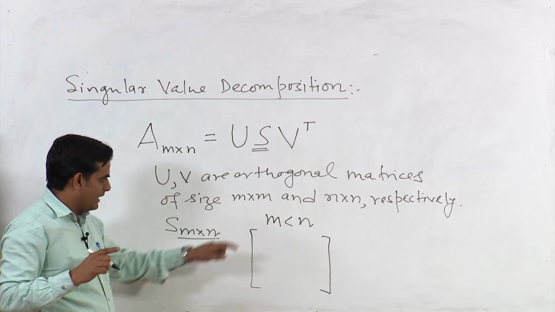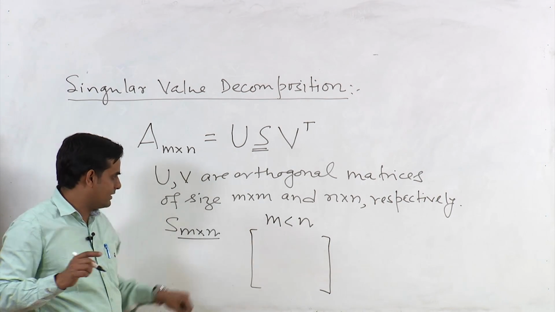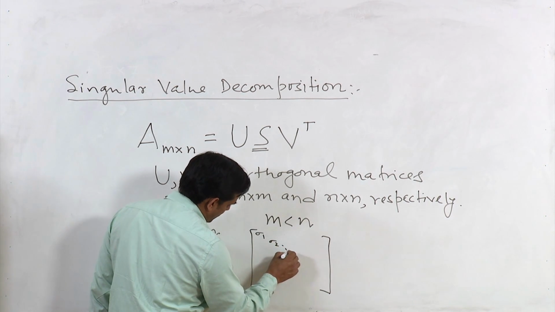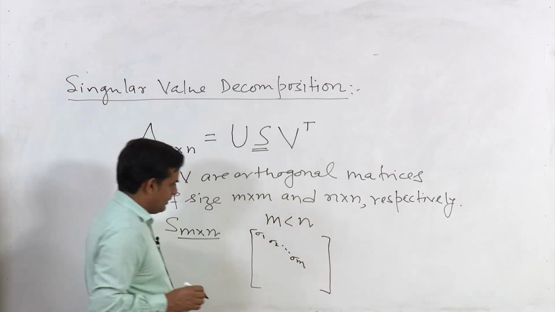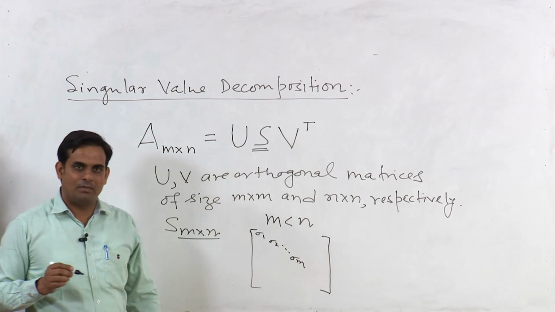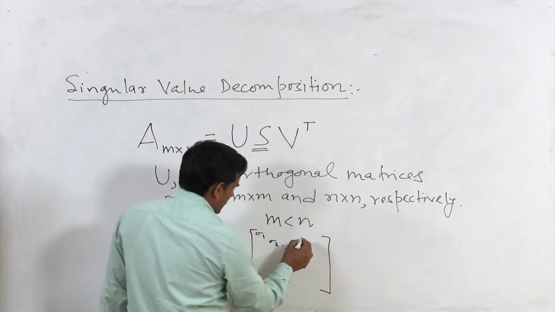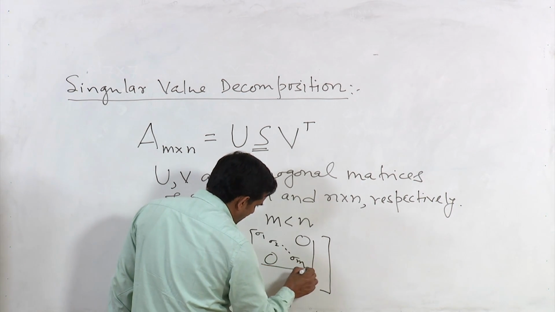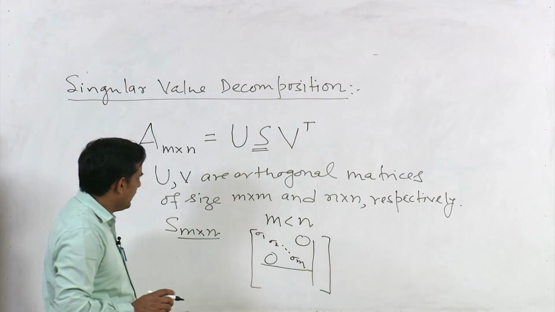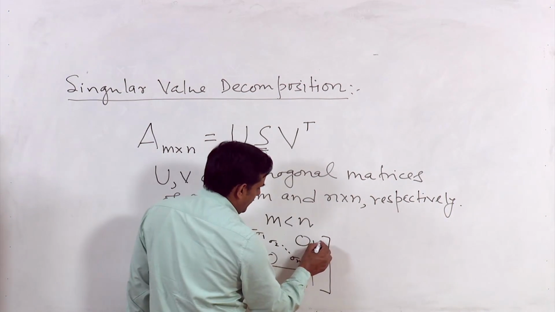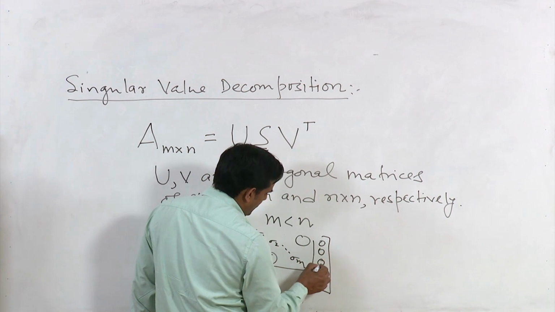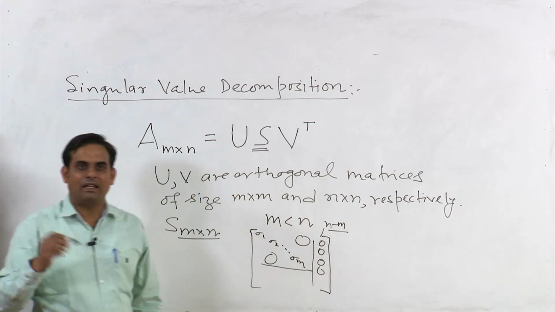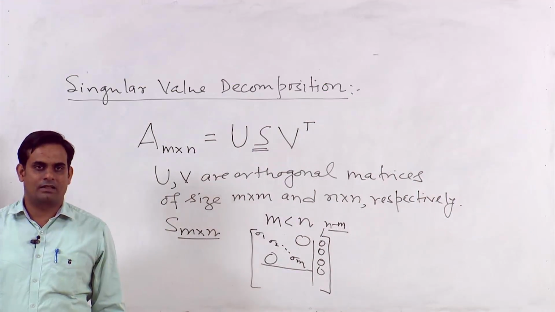I will have an m by m square diagonal matrix with sigma 1, sigma 2, up to sigma m as the diagonal entries, and the rest 0. Then I have n minus m columns to make it an m by n matrix.